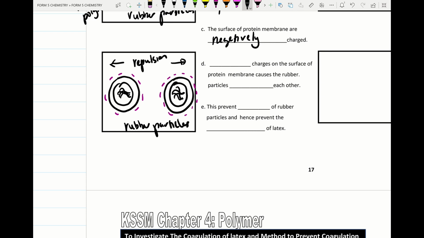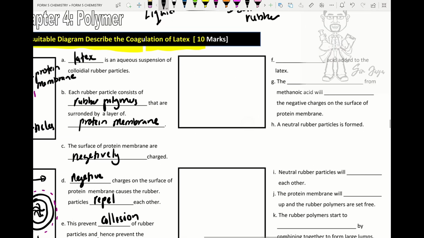The negative charges on the surface of the protein membrane cause the rubber particles to repel each other. This prevents collision of rubber particles and hence prevents the coagulation of latex.